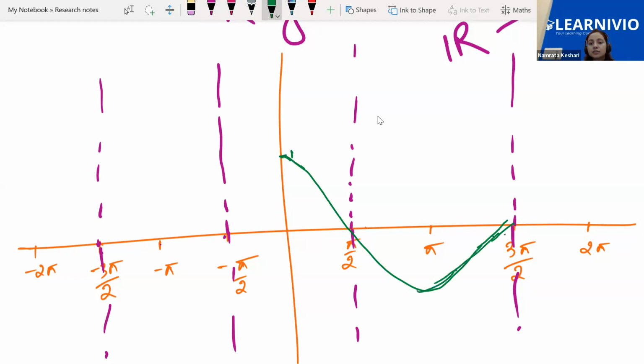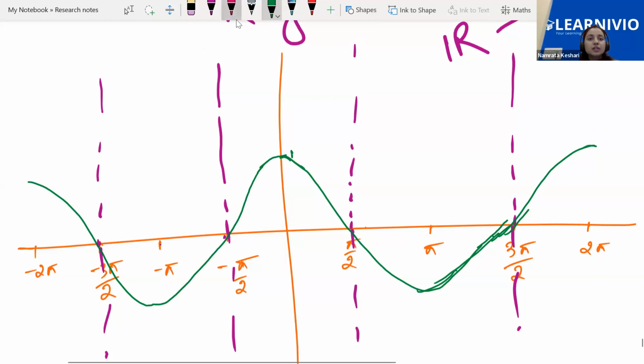Let's join like this and like this much. Similarly, it will move over here like this. Okay, this is the graph of cos theta.